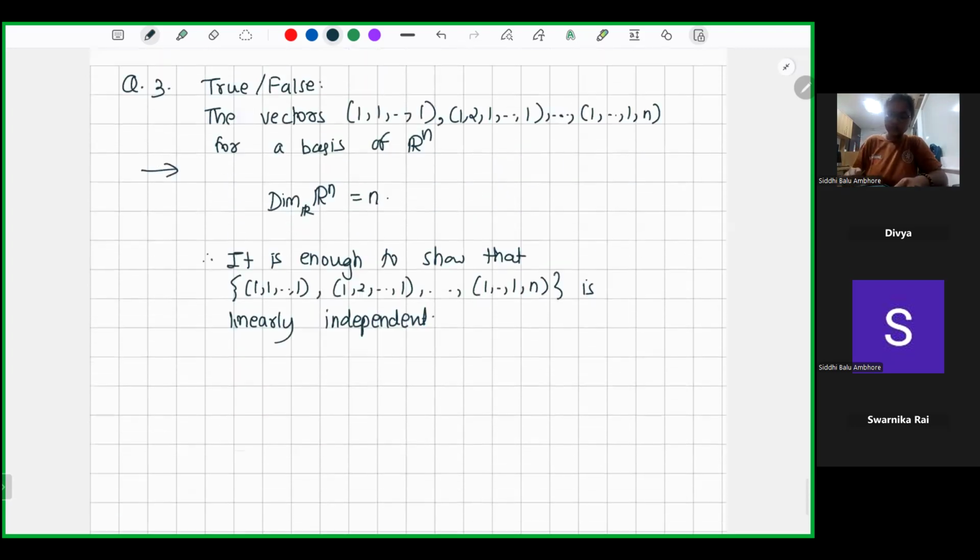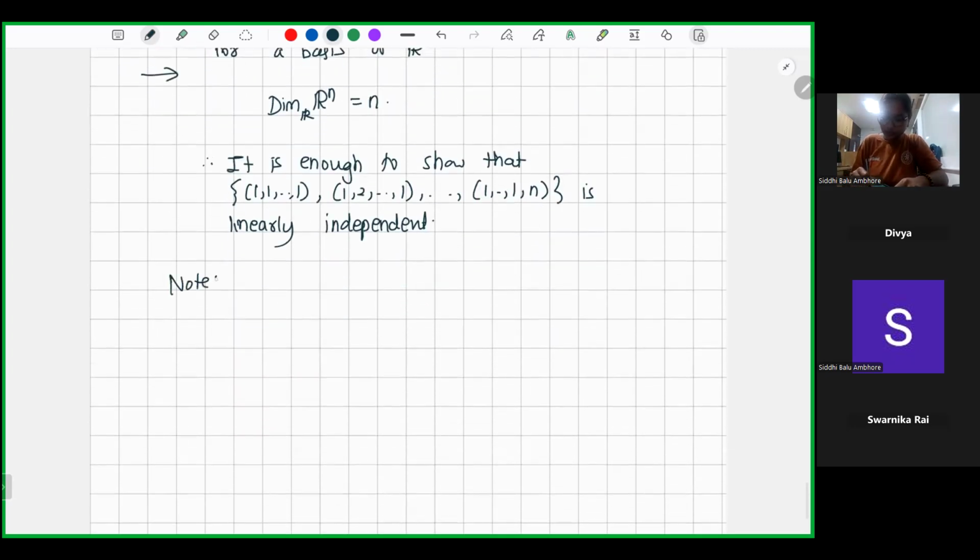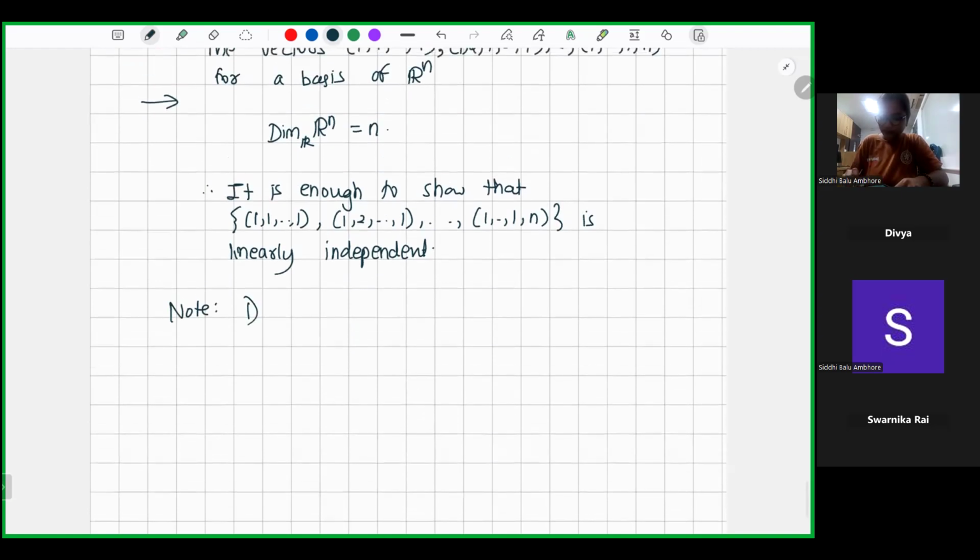Okay, this is something which you can note or remark, that if dimension of V over K is n, then first that if V is spanned by u1 to um, then this m will be greater than or equal to n always.